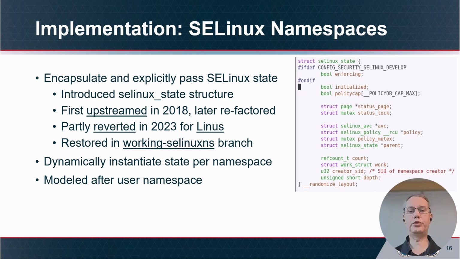That support has been restored in my working SELinux NS branch of my SELinux kernel fork, and then further built upon to support dynamically instantiating these state structures per SELinux namespace, providing each namespace with its own policy, access vector cache, and enforcing mode. And this data structure and the corresponding functions are modeled after the user namespace support that has existed in the kernel for some time.